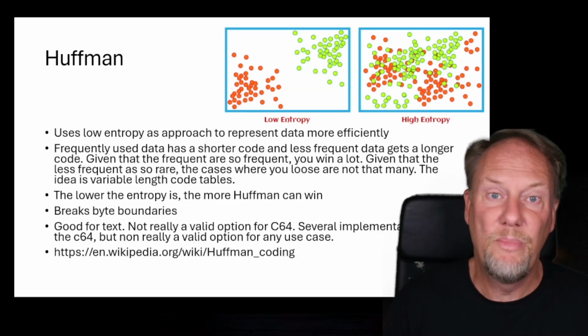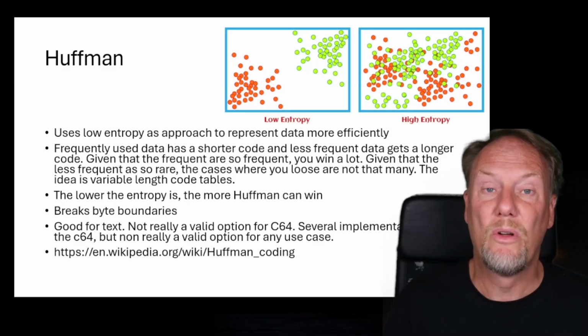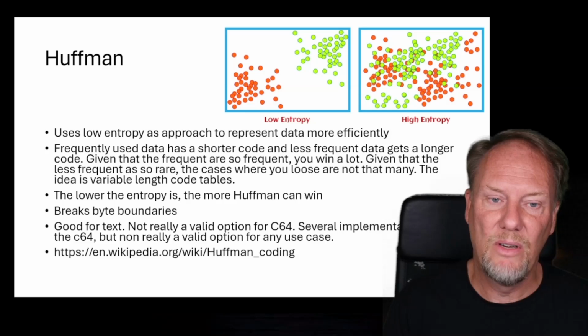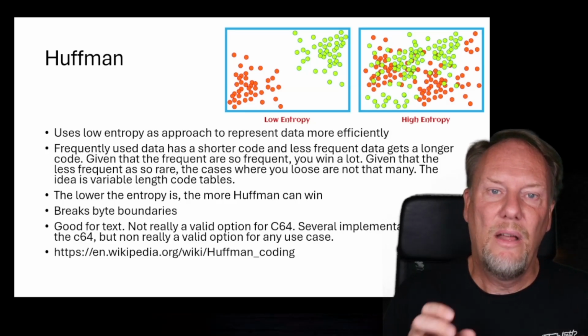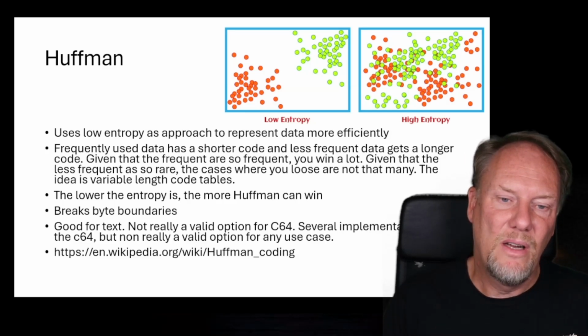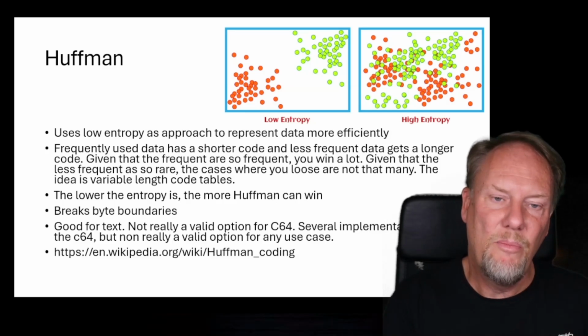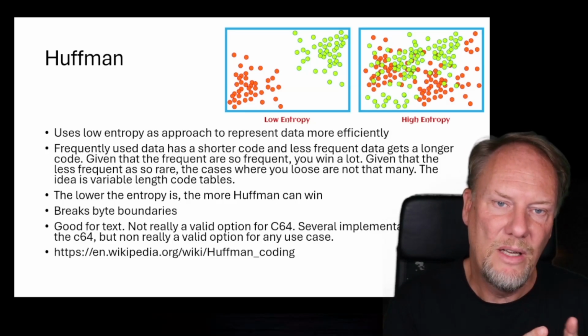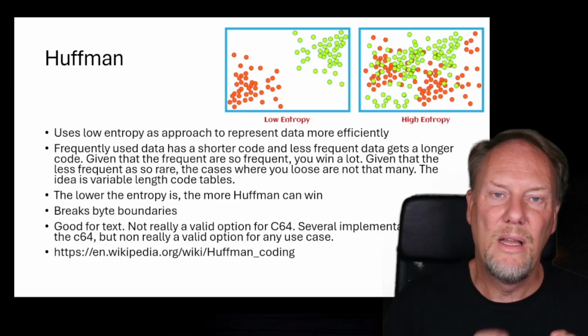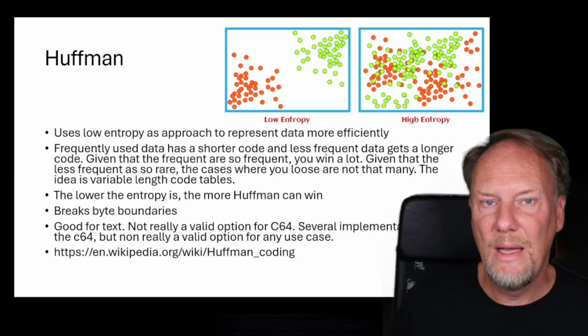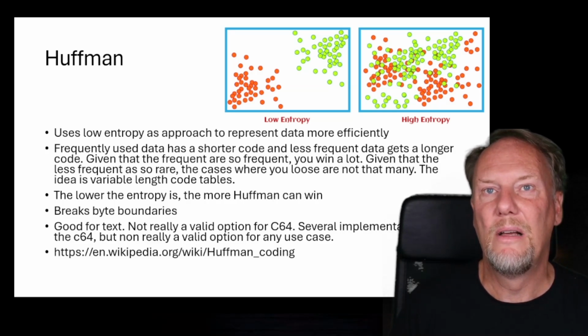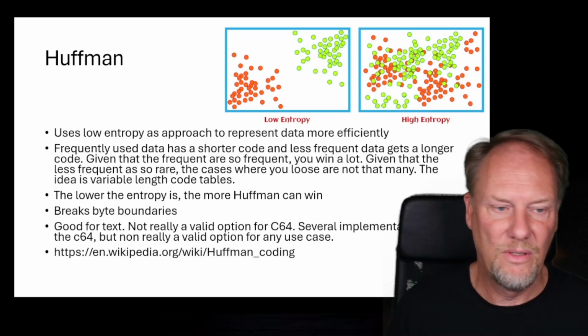So they could be represented by something much longer than the normal 8 bits of a character. And the idea is that in a scenario of low entropy, the number of small sequences are so many that it outweighs the fact that you are making a loss on the less frequent characters.